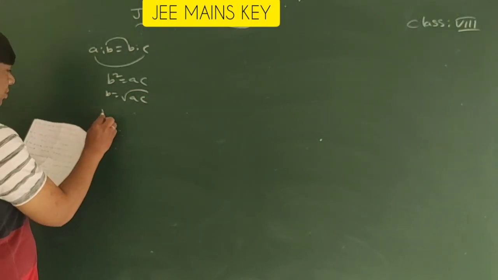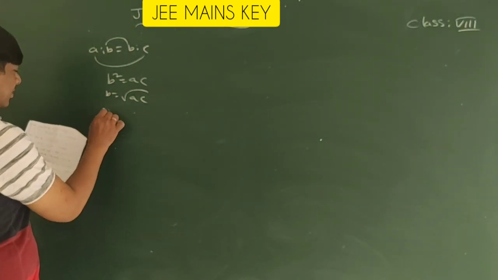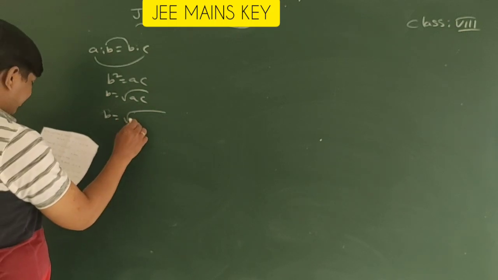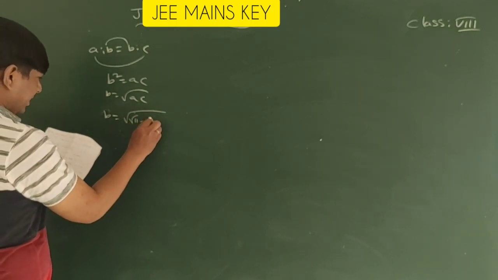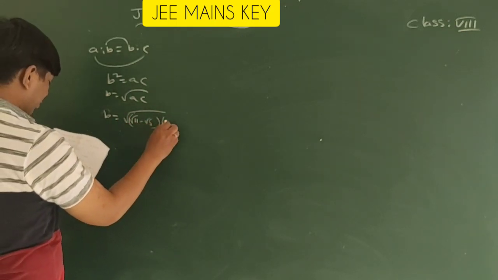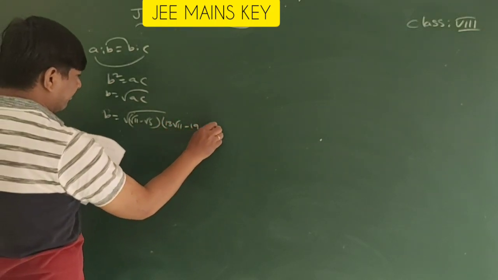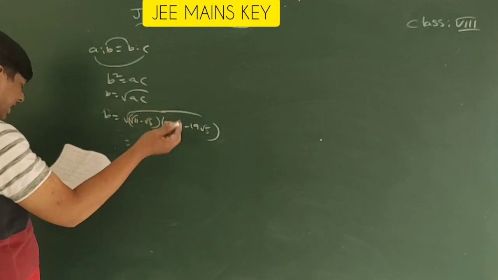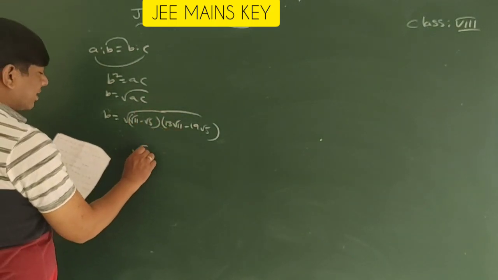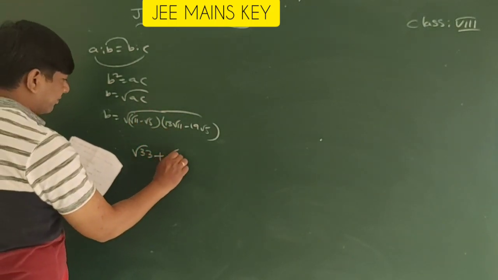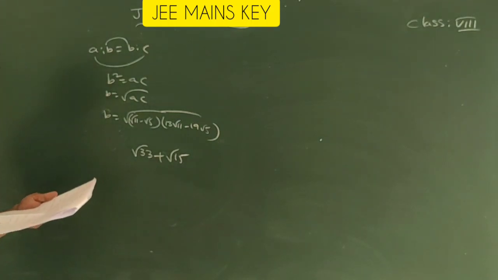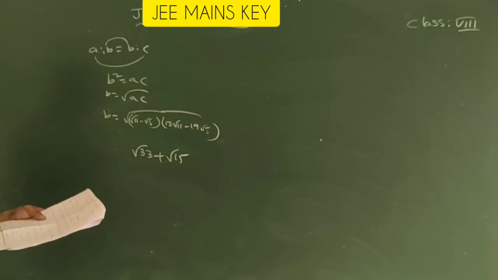B is equal to root of root 11 minus root 5 into 13 root 11 minus 19 root 5. If I simplify this one, I will get the answer as root 33 plus root 15.